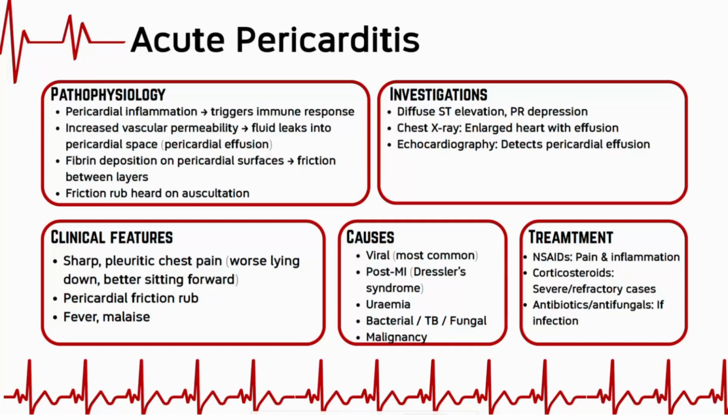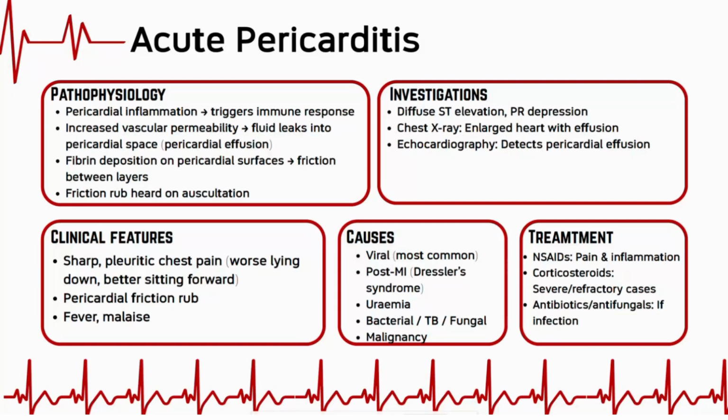Now, in terms of symptoms, the symptom of pericarditis is a very sharp, severe retrosternal or central sternal chest pain, and it worsens on inspiration and in a supine position. So pain that increases on inspiration is called pleuritic pain, and this pain is generally worse when the patient is lying down.